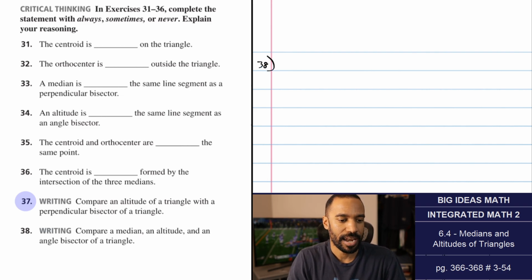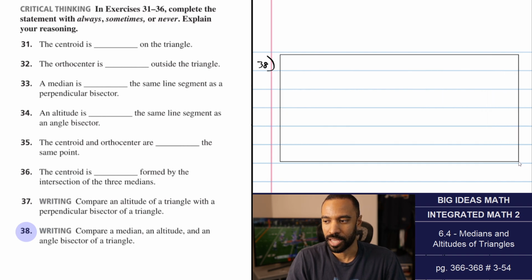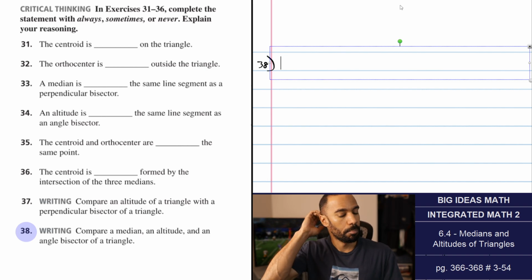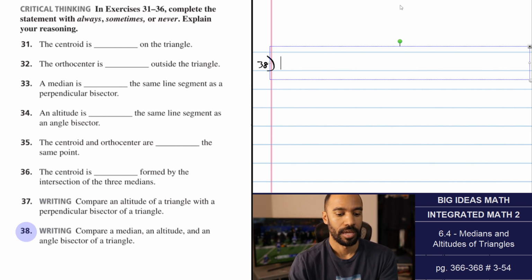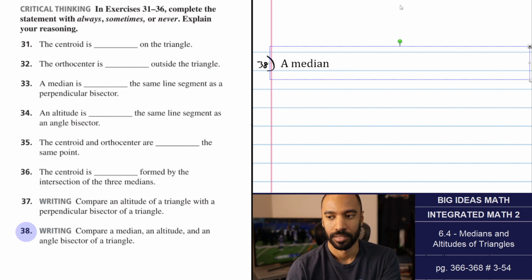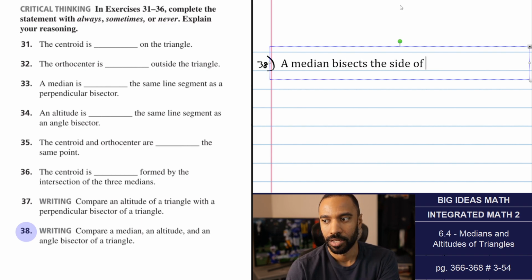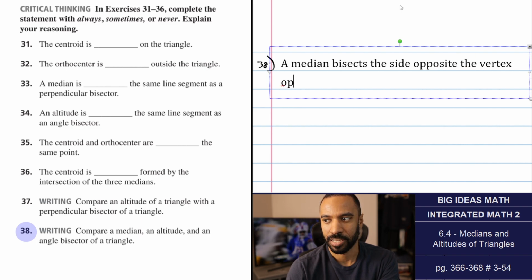Compare a median, an altitude, and an angle bisector of a triangle. Okay. It's hard to compare three things as far as they're the same like this, they're different like this. But, okay, a median bisects the side opposite the vertex of the triangle it's drawn from.